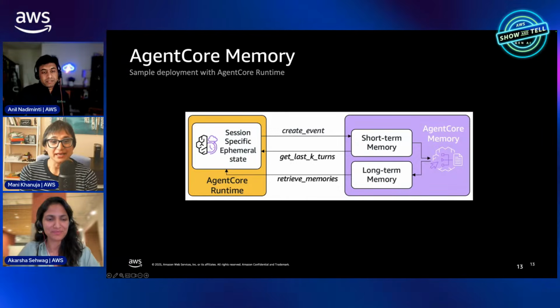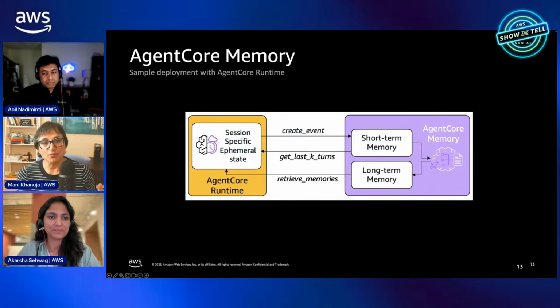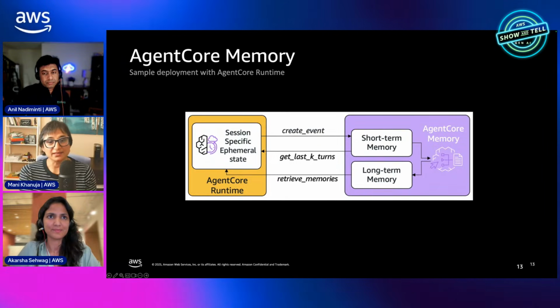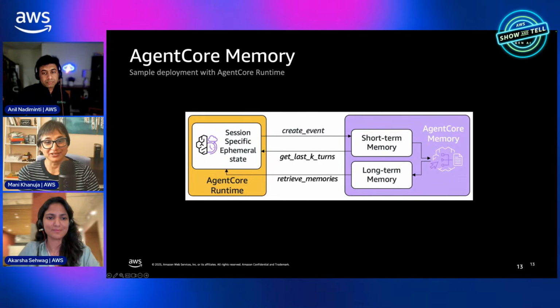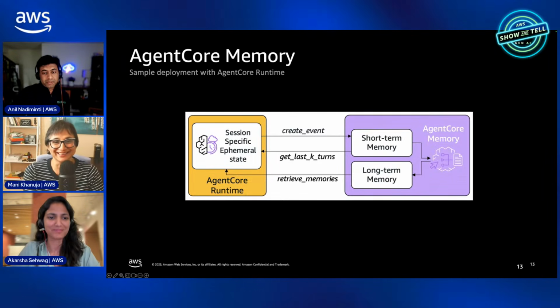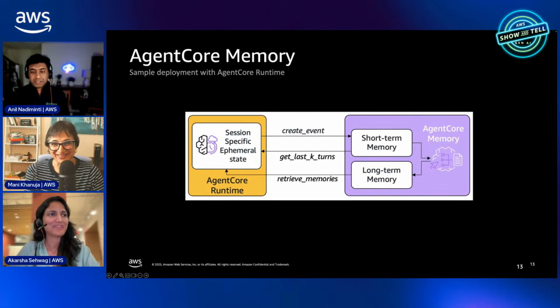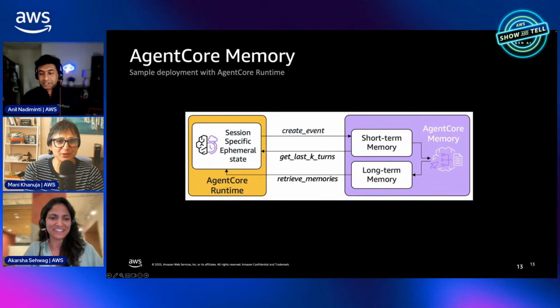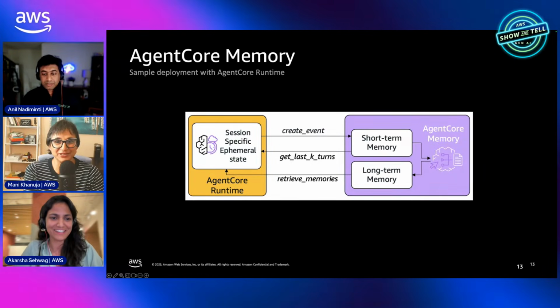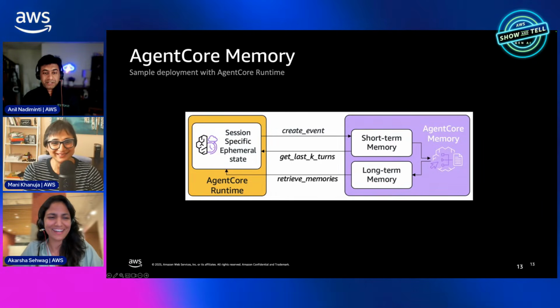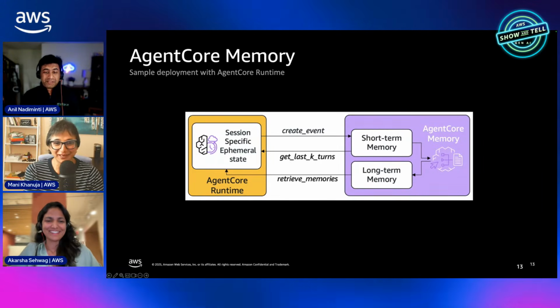Now we have talked so much about all of these things, and you should be ready to deploy the travel agent. Okay, so let's deploy it. Do we want to deploy it with AgentCore Runtime, or do we want to deploy it with something else like EKS or Fargate?